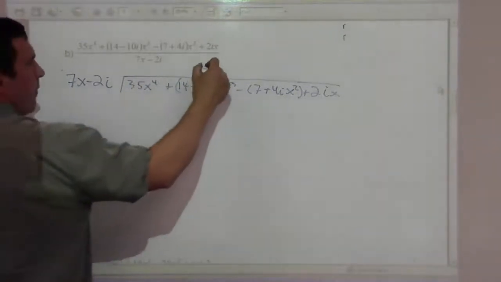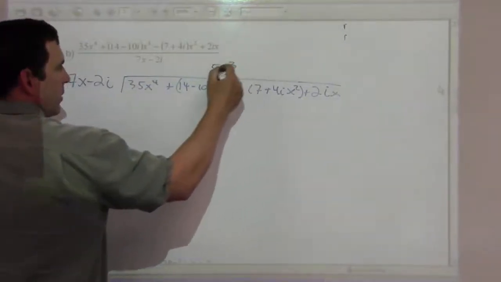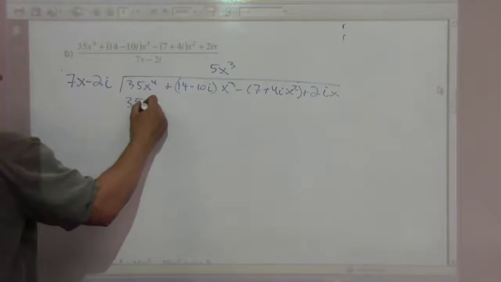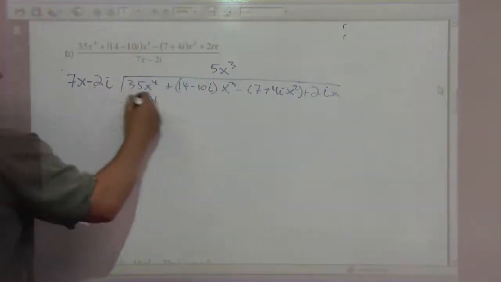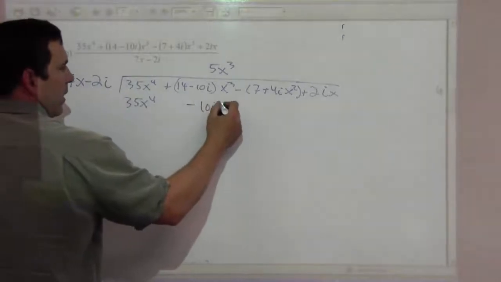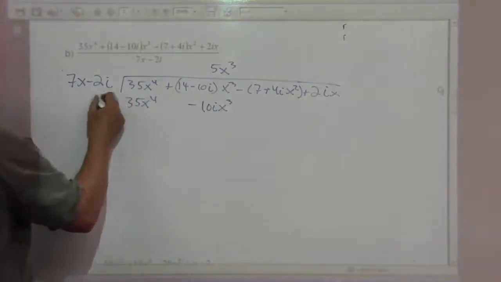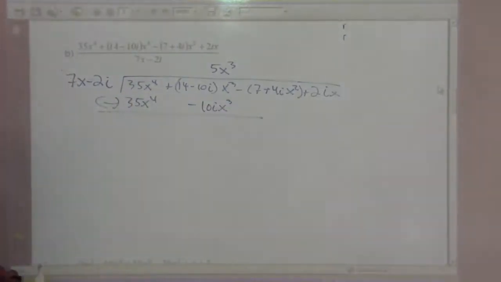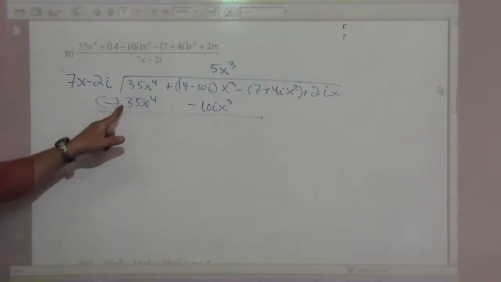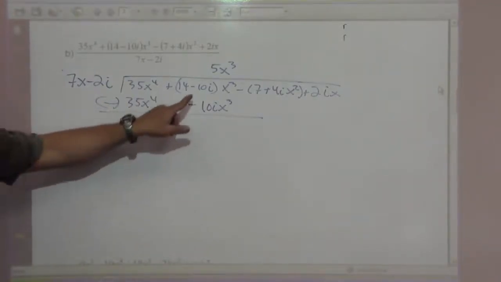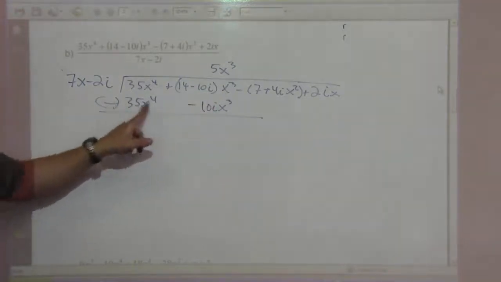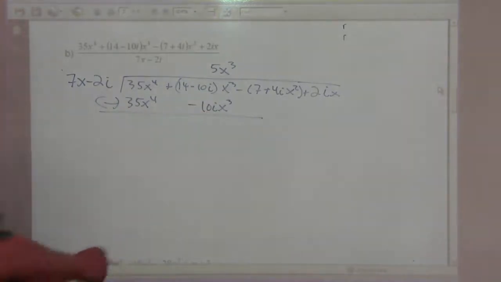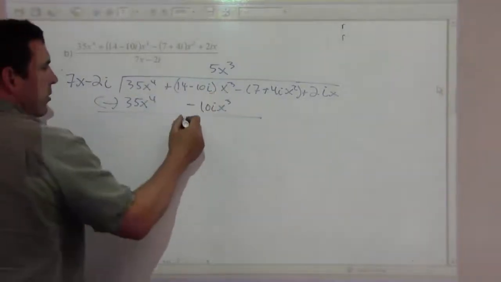And that would be 5x cubed. 5x cubed times negative 2ix is negative 10ix cubed. When we subtract, 35x to the fourth minus 35x to the fourth is nothing. The negative 10ix cubed minus a negative 10ix cubed is 0. So we bring down our 14x cubed.